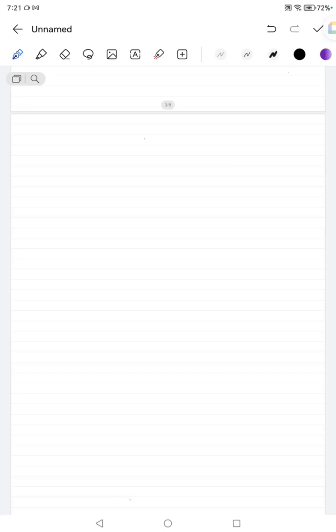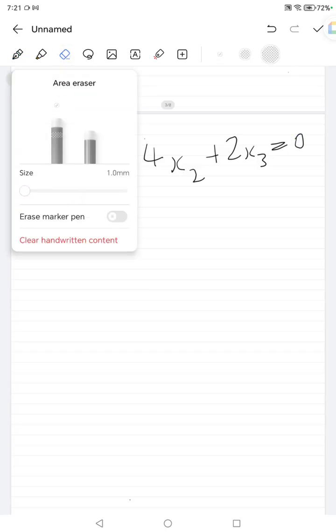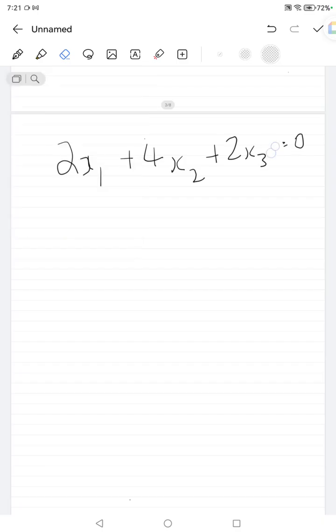You were given 2x1 plus 4x2 plus 2x3, that's equal to 0.